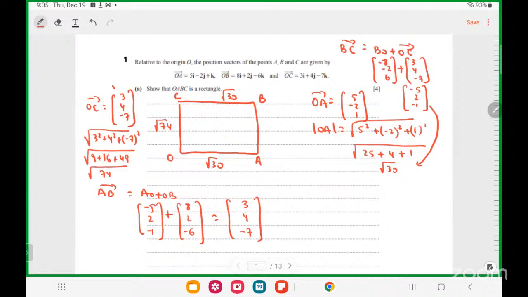Now please note these two are the same, hence their magnitudes are the same. Hence this is also the square root of 74. So the first thing has been proved, that both the opposite sides of the rectangle are equal in length.